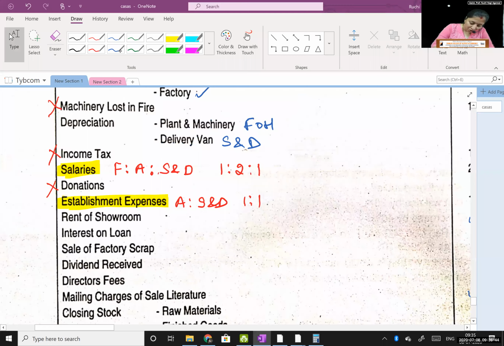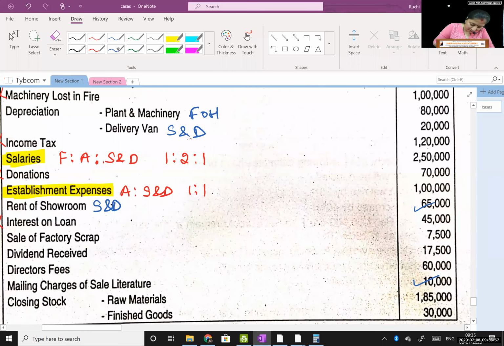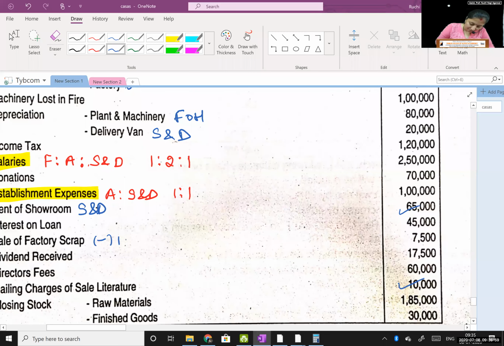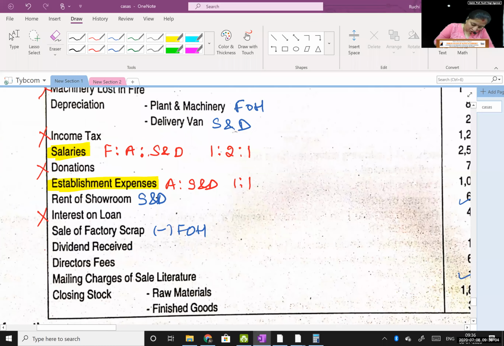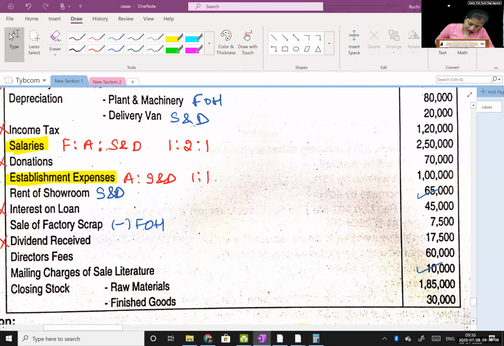Then rent of the showroom is easy, selling and distribution. Interest on loan obviously is not a part of my cost. Sale of factory scrap, less from factory. Dividend received is a non-cost item under financial income, no entry in cost sheet.